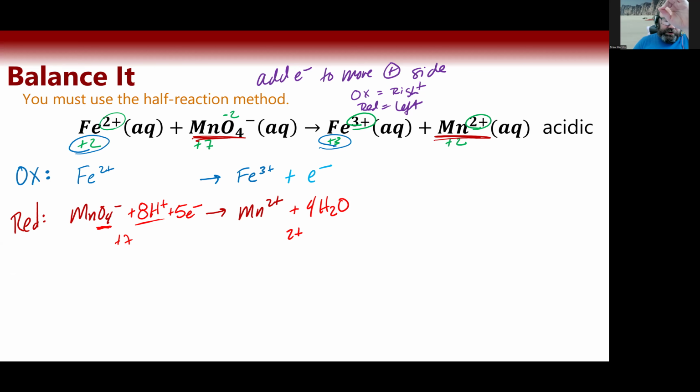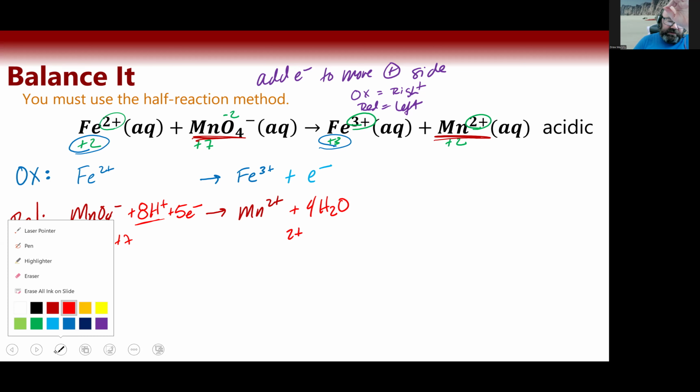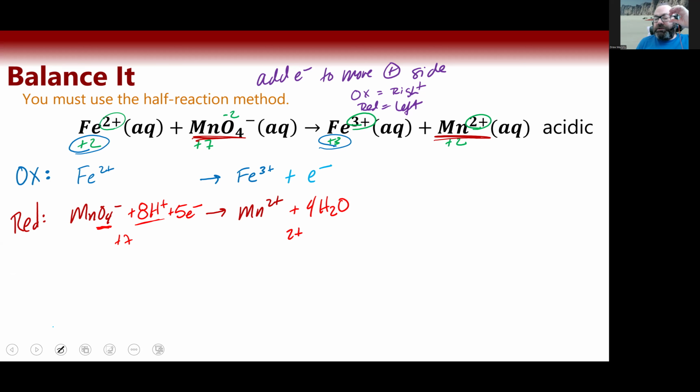Now, what we're going to do is we need to add our halves together, but to do that, we have to make sure the electrons cancel out. So that's another thing we're going to write over here. All electrons must cancel.